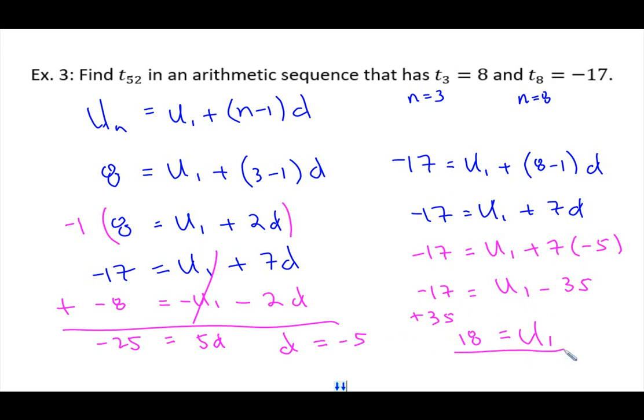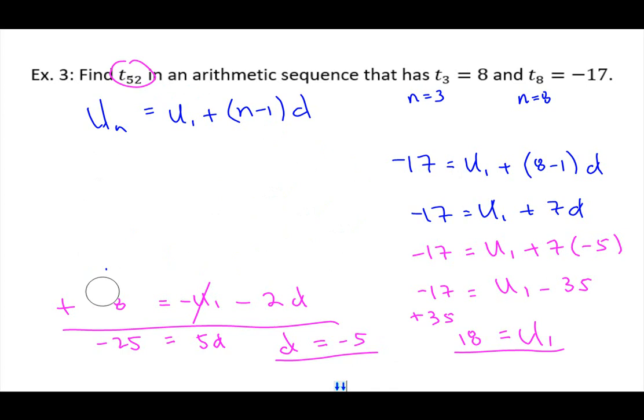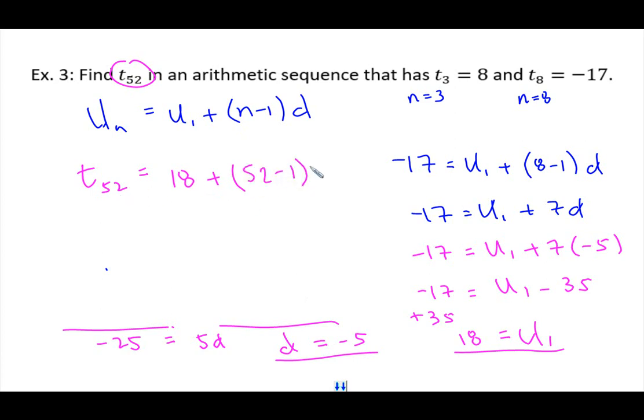So now that we have the first term and the common difference, we can find the 52nd term. Okay, so that's what I'm going to do next. Let me erase this. So now that I have this information, I'm going to find the 52nd term. So t sub 52 is equal to the first term, we know is 18, plus n, which is going to be 52, because we're finding the 52nd term, minus 1 times d, our common difference, we know is negative 5.